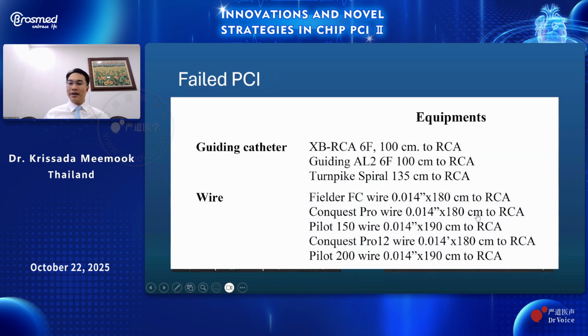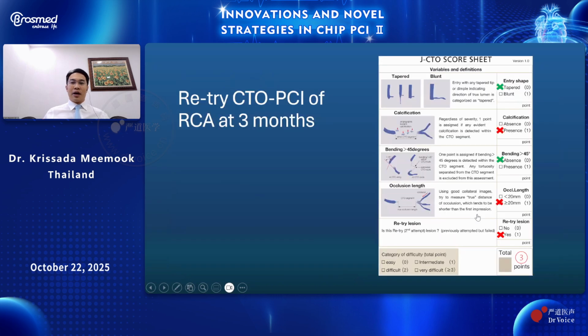This is the equipment that they used at that time. After 3 months, the patient was rescheduled to retry the CTO PCI. Now we calculate the J-CTO score. You can see now the J-CTO score was 3 points. That means very difficult.